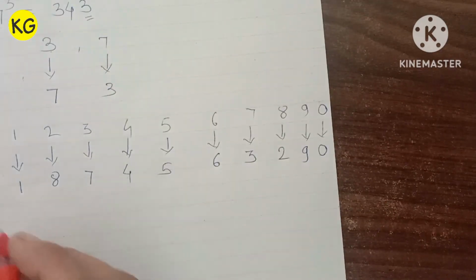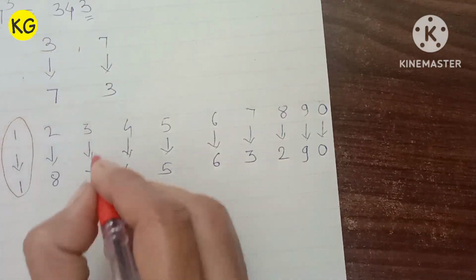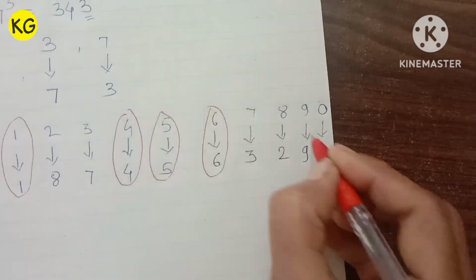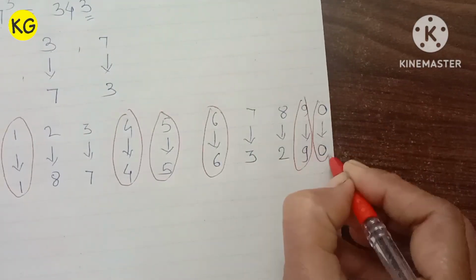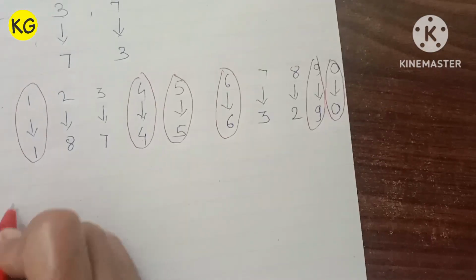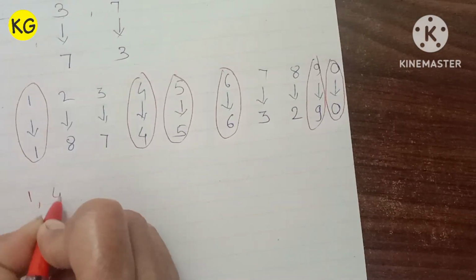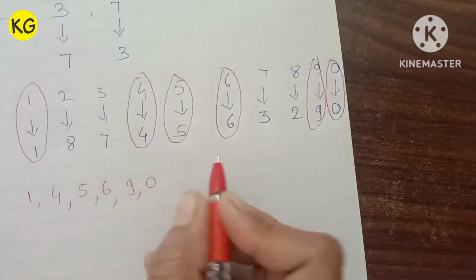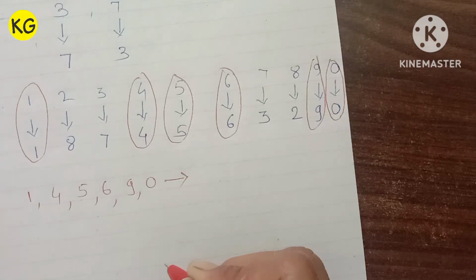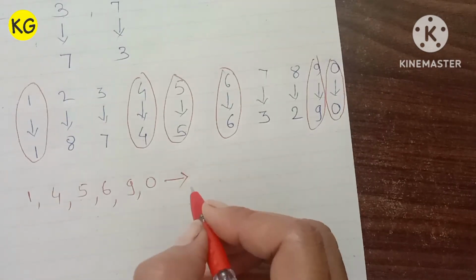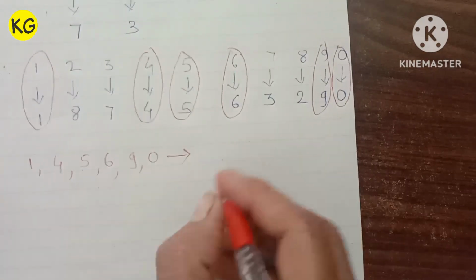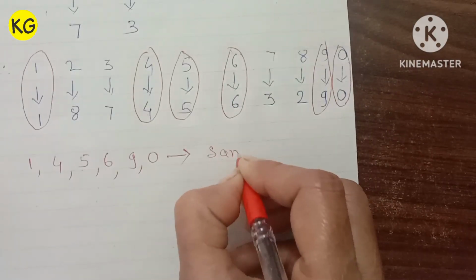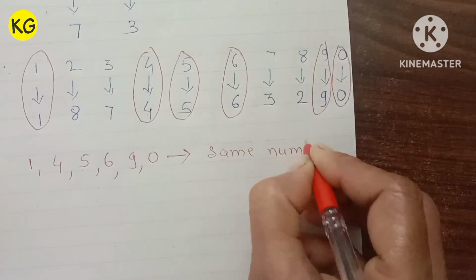Means, if 1, 4, 5, 6, 9 and 0 are at the ones place of any perfect cube number, then the cube root contains the same number.